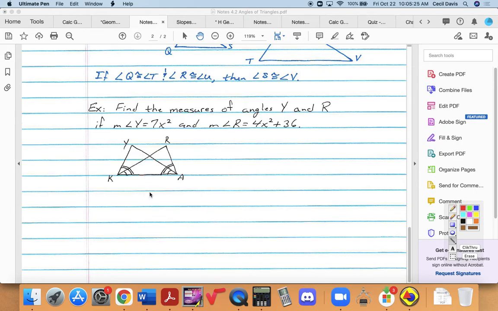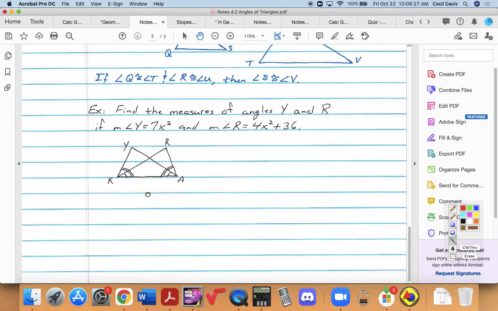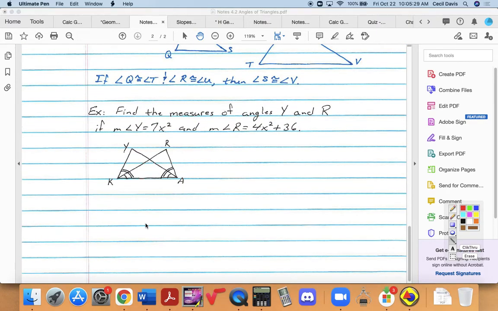So I'm going to draw triangle YKA, which looks about like that. And in that, the little angle here at A was marked with 1 arc, and the whole angle YKA was marked with 2.